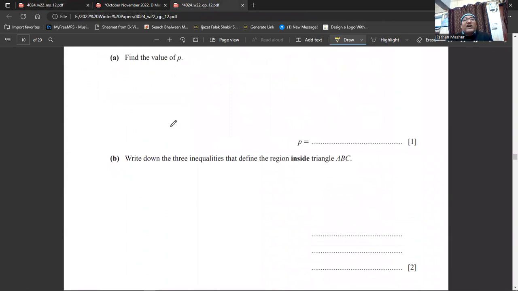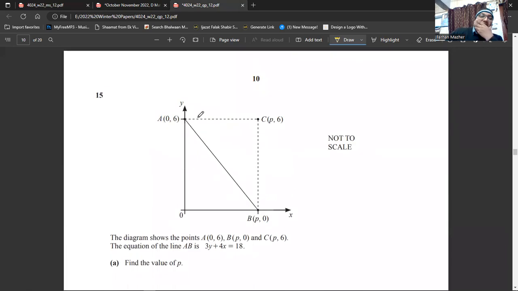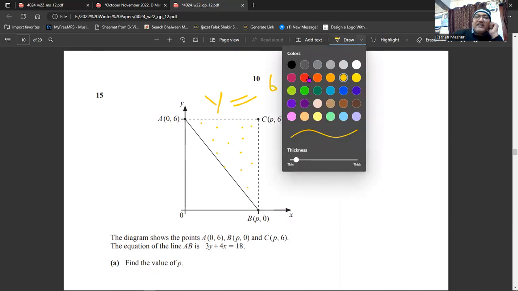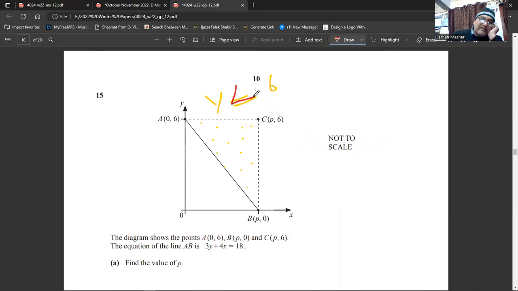So now their question is, write down the 3 inequalities that define the region inside the triangle. So it's very simple. You see, this line, we know its equation is y equals 6. And because this area we are talking about is below this line, we will put an inequality sign like this.